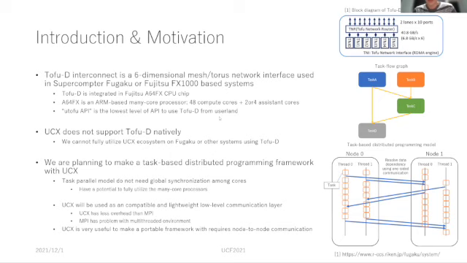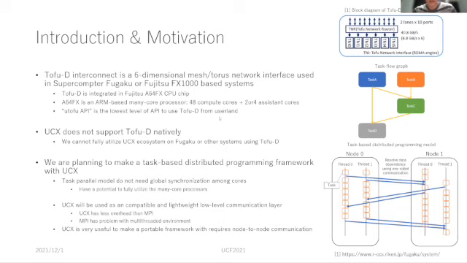So we can use TCP on Fugaku, but if we use UCX with the TCP protocol on Fugaku, the performance is not good compared to the theoretical performance of the Tofu network. So we need to port UCX for Tofu to achieve better performance on Fugaku with UCX. This is one of the motivations. We want to utilize the UCX system on Fugaku or other systems using Tofu.